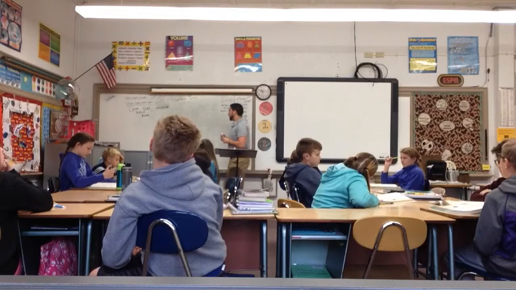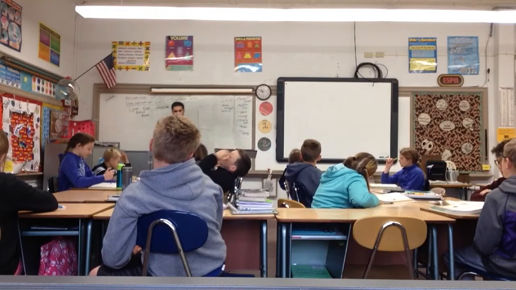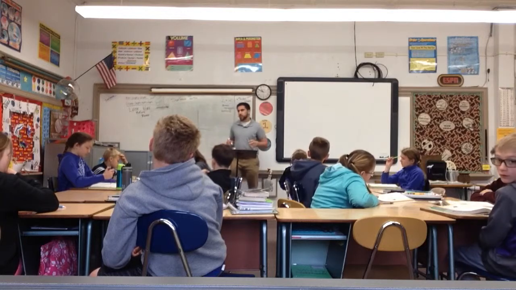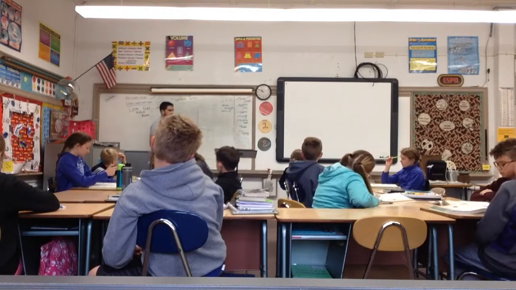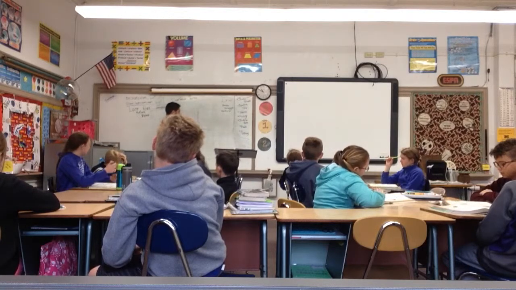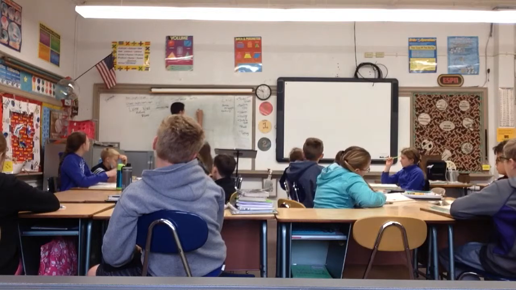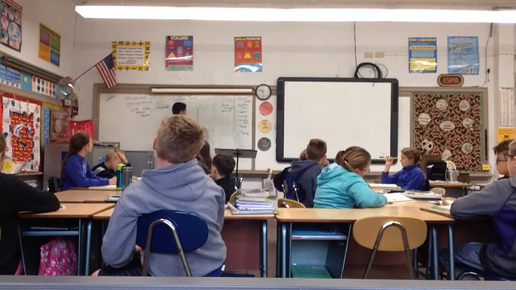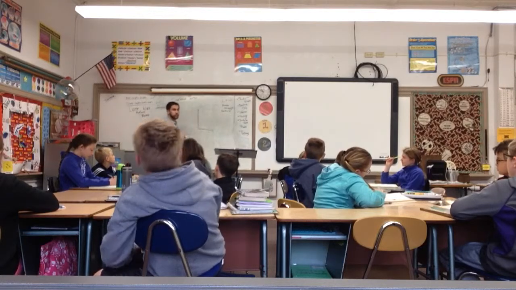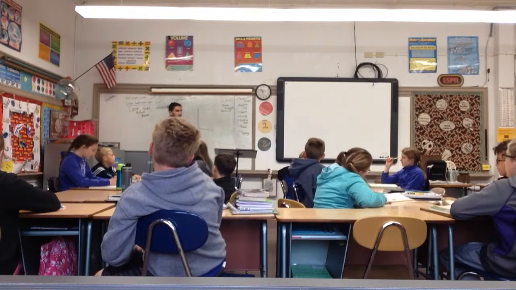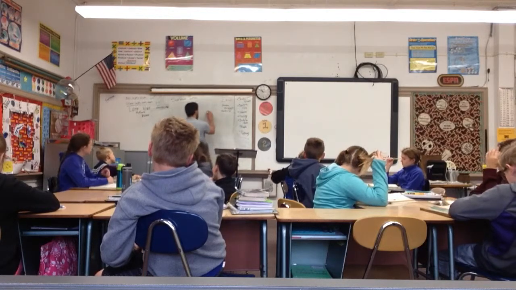We've done a little bit with coordinate planes on our bell work. Where is the origin? Bottom left, where the x-axis and the y-axis meet, right? Does anyone know what that ordered pair would be? Do we know what an ordered pair is yet? An ordered pair is a set of numbers.